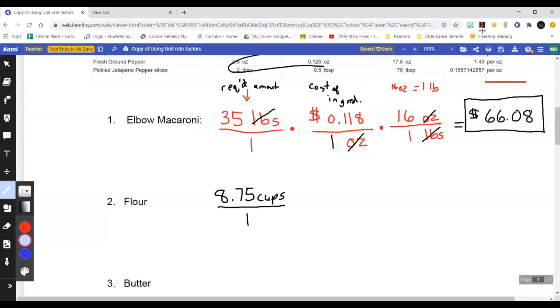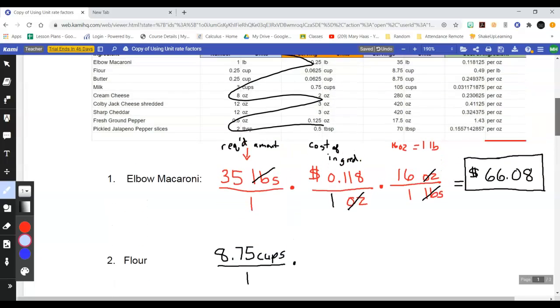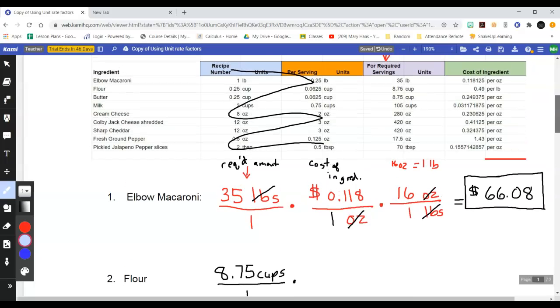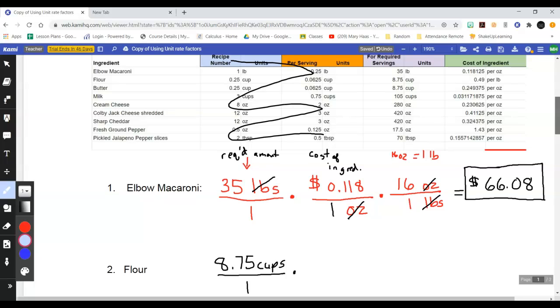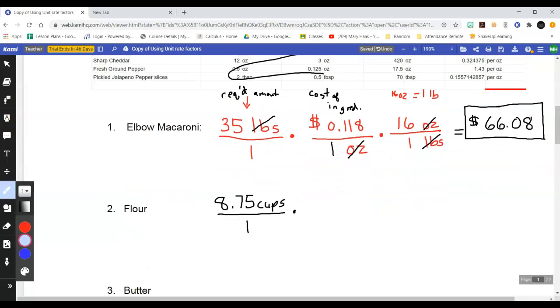So I'll put that over 1. And then the cost per pound of flour, flour is pretty cheap, and it looks like it is 49 cents per pound. So I'll put a dollar sign, and I want you to always remember in this second fraction to put the dollar sign. $0.49 per pound.